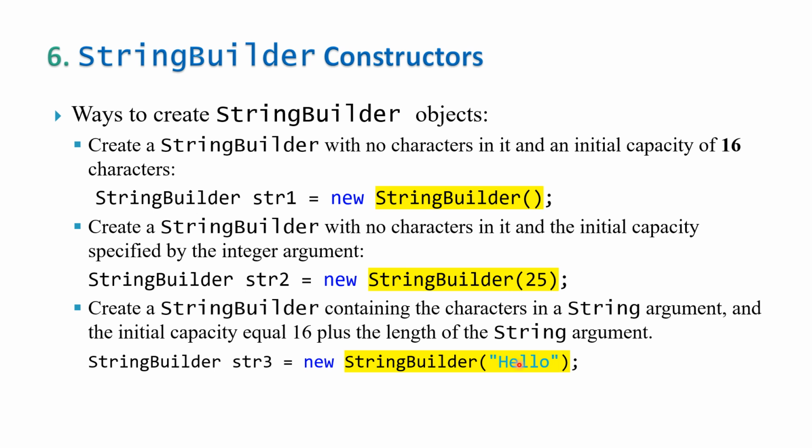So the StringBuilder object created by the call new StringBuilder("hello") has capacity equal to 16 plus 5, because the string argument "hello" has length 5.